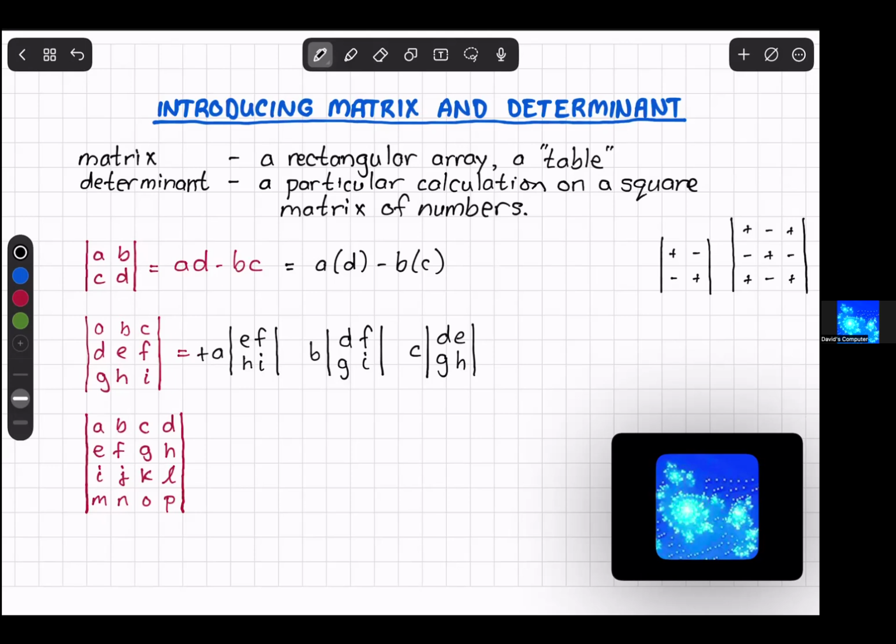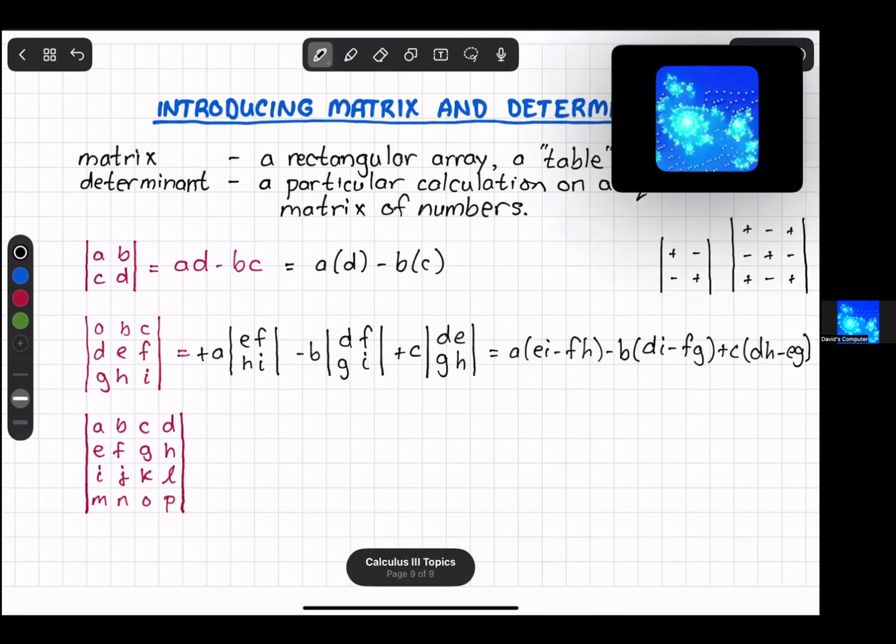So we say plus A minus B plus C. So the result is A times (EI minus FH) minus B times (DI minus FG) plus C times (DH minus EG). So we continue recursively in this pattern for any size square matrix.